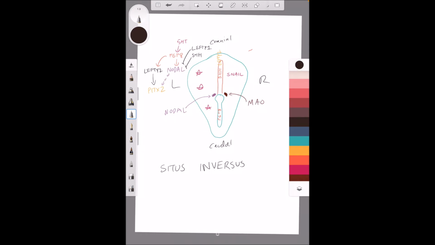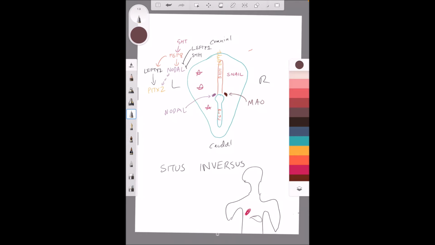So we have a person, and if their heart is on their right side and their liver is on their left, if all of the internal organs are flipped left and right, then that's called situs inversus.